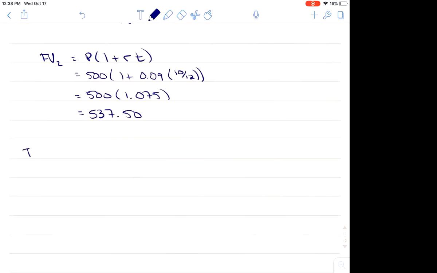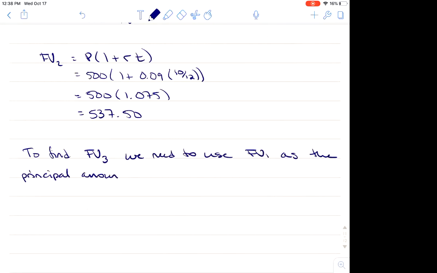To find future value 3, we need to use future value 1 as the principal amount. She was supposed to pay that off, but she's saying, no, I'm not going to pay that back quite yet. I'm going to borrow it again, but now that's your principal amount.